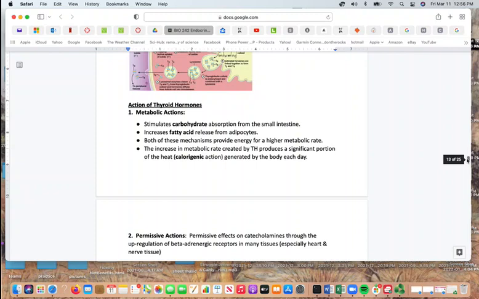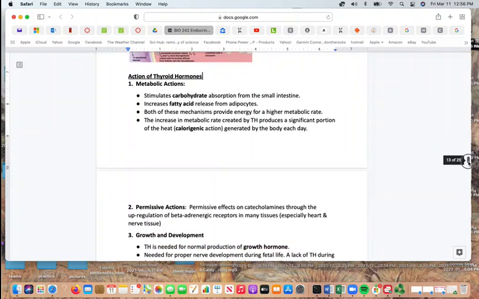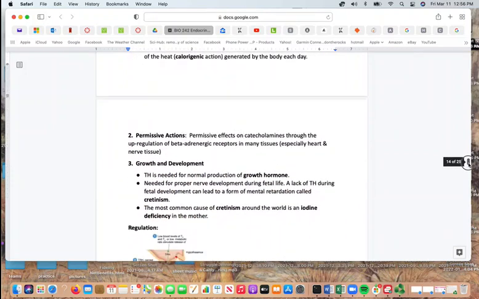So the increased metabolic rate created by thyroid hormone is actually going to produce a significant portion of the heat that's generated by the body every day. So if somebody is hypothyroid, one of the things that is a very common symptom of that is they are often cold, as well as fatigue and just overall lack of energy compared to a normal state.